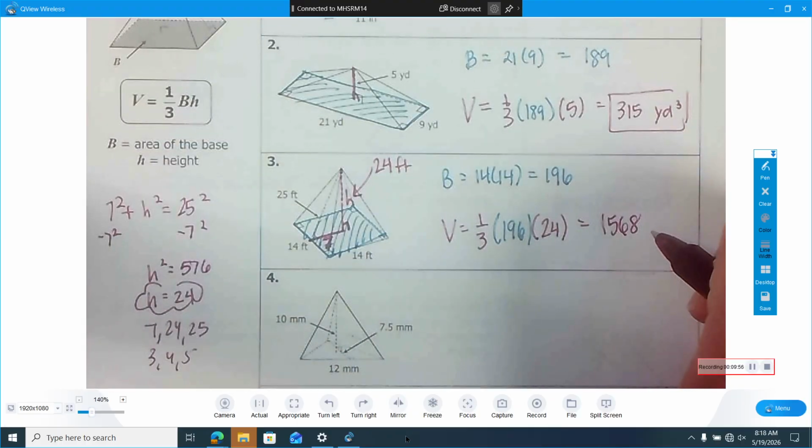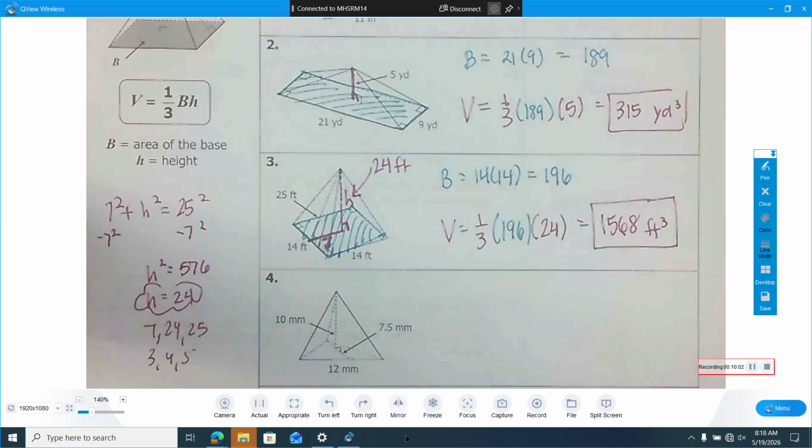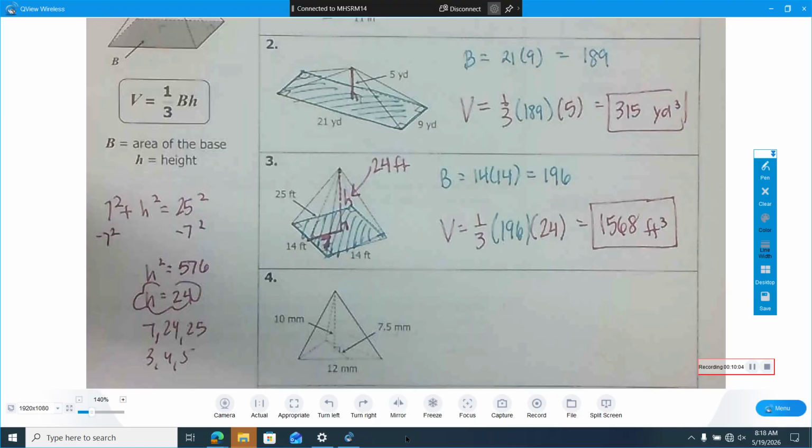Is that what other folks got? Yeah? All right, feet to the third power, cubic feet, because that would be a big shape that is a foot by a foot by a foot cube. True, but that's for area.